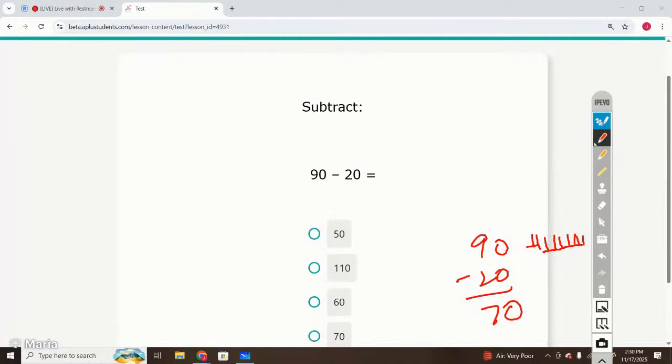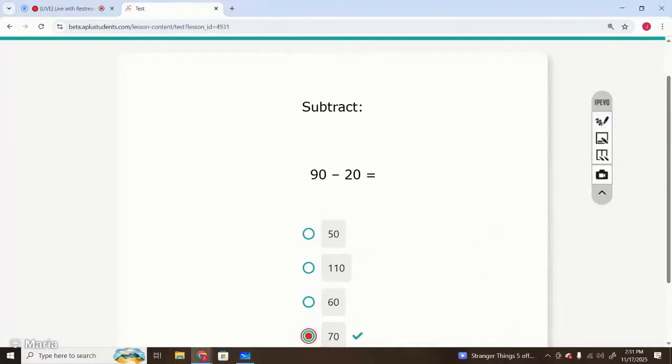You're not adding, you're subtracting. The correct option is 70. Option number 4 is the correct option.